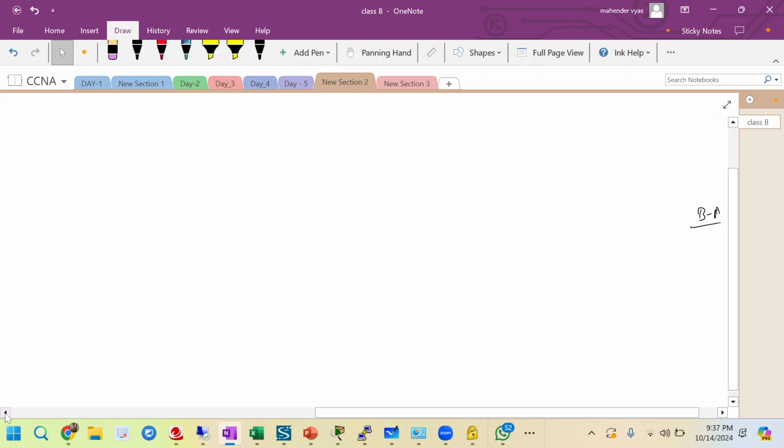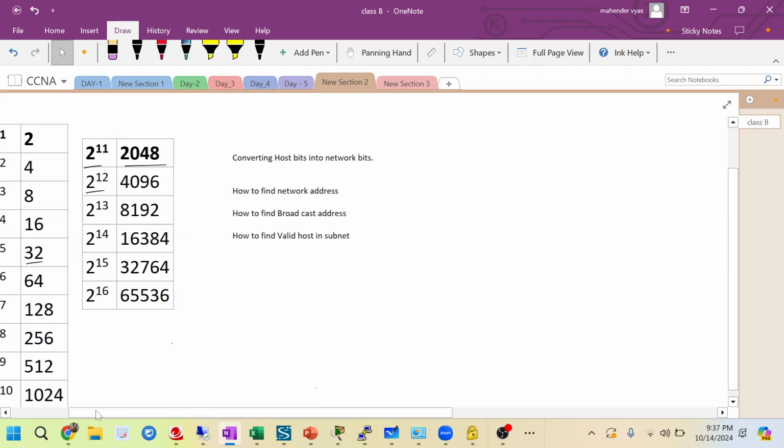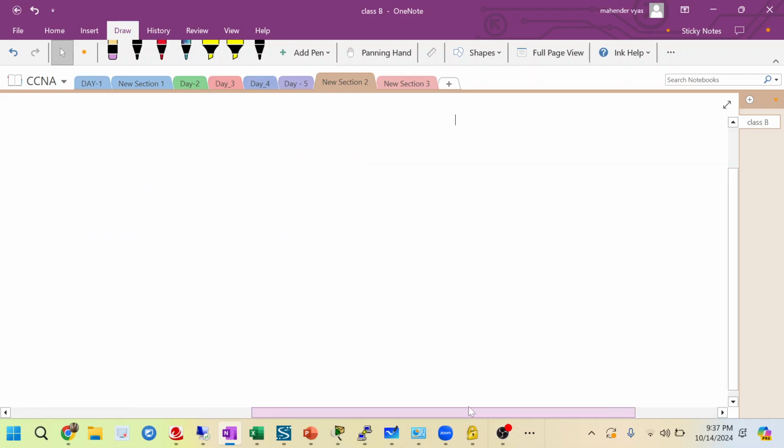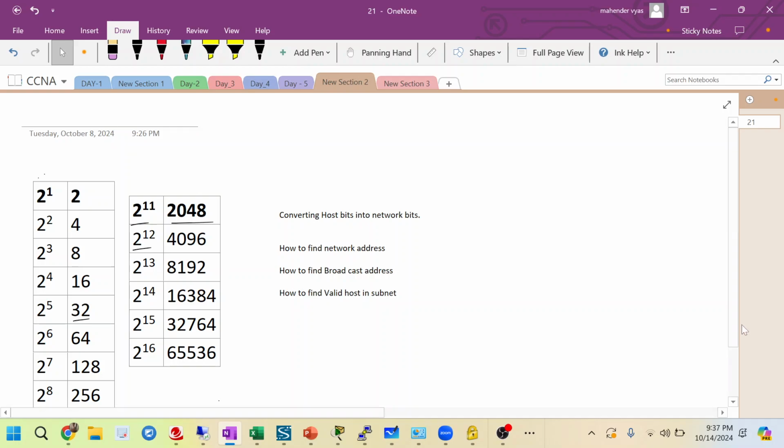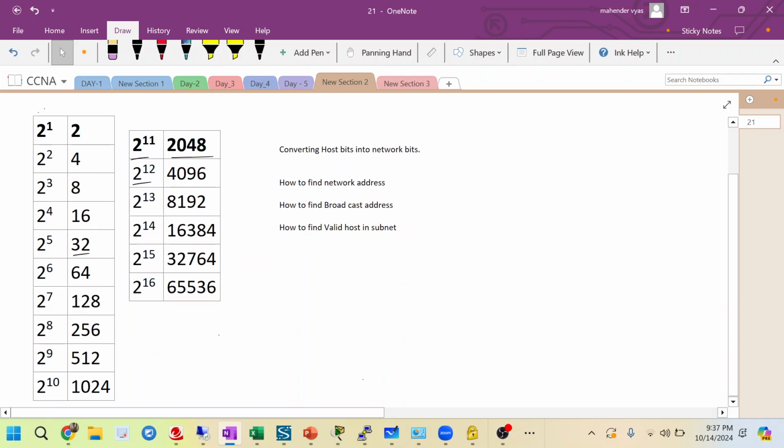Class A has more addresses compared to class B and class C. We don't need this many addresses in our day-to-day life. So companies usually prefer to use class C or class B based on our requirement, how many hosts we need.